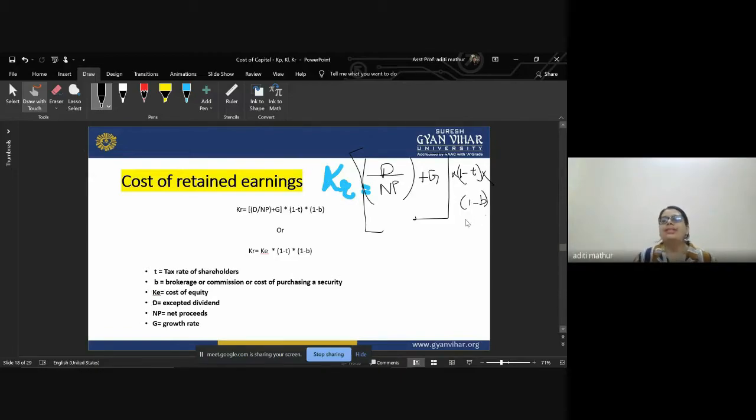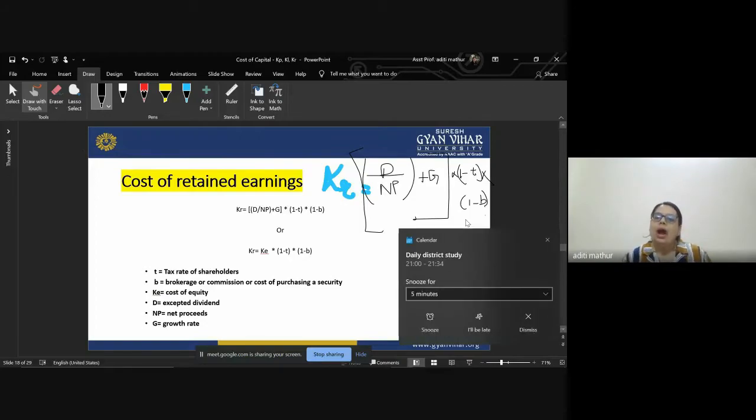Now let me tell you what is T and B over here. The small t represents the tax rate of shareholders and small b represents the brokerage or commission rates associated with the purchase of the security. So when we calculate KR, we assume that this amount was distributed to the shareholders and they have reinvested it in our company and we are paying them dividend now, and that is why we are calculating the cost of retained earnings with the base of our cost of equity.